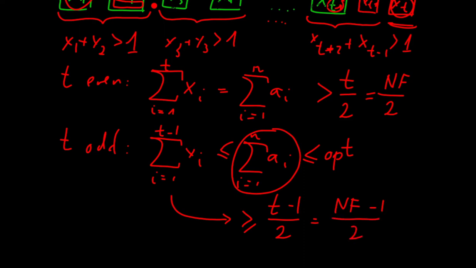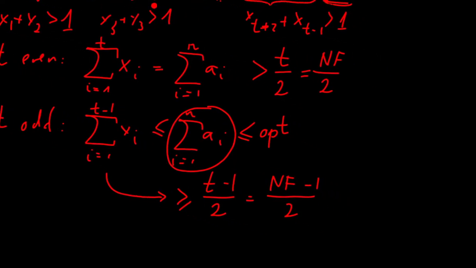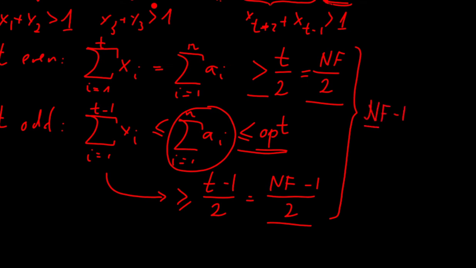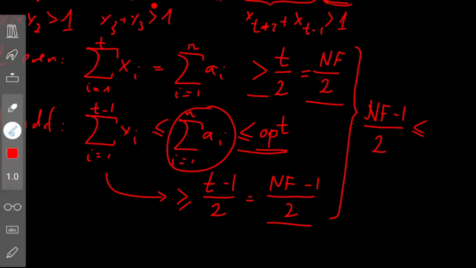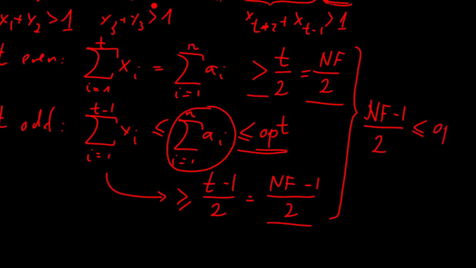So whether t is odd or t is even, in both cases the next fit divided by 2, or the next fit minus 1 divided by 2, is smaller than the optimum. So in all cases we get that the next fit minus 1 divided by 2 is at most the optimum.